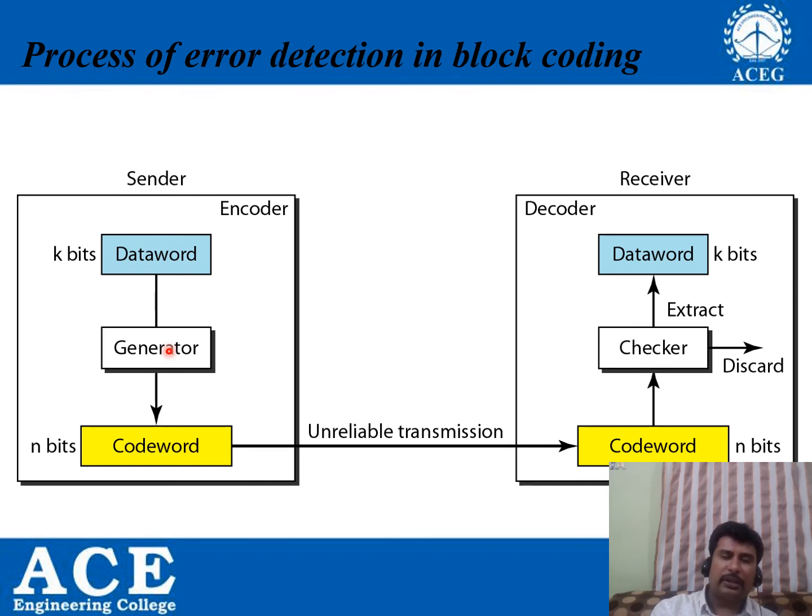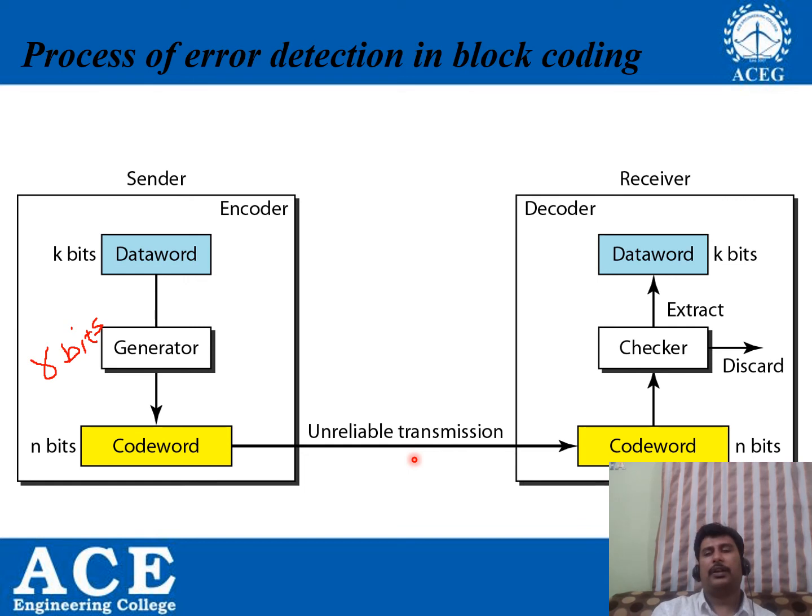The generator is going to generate r redundant bits. Then you combine k plus r, which is equal to n, and these code words will be transmitted to the receiver.